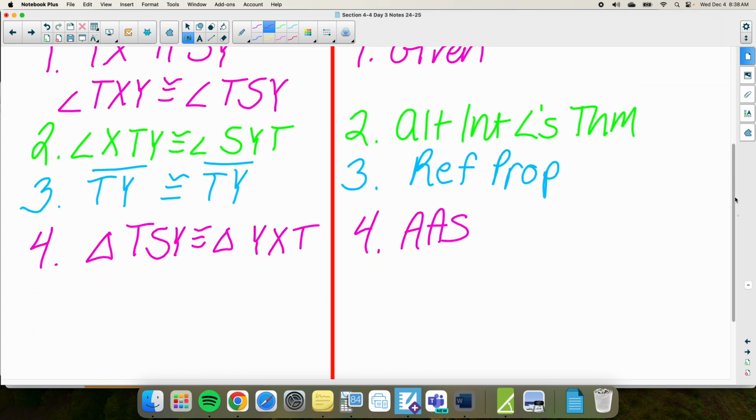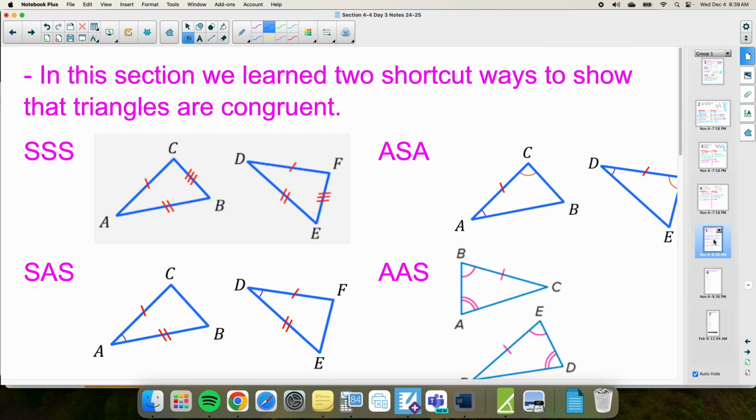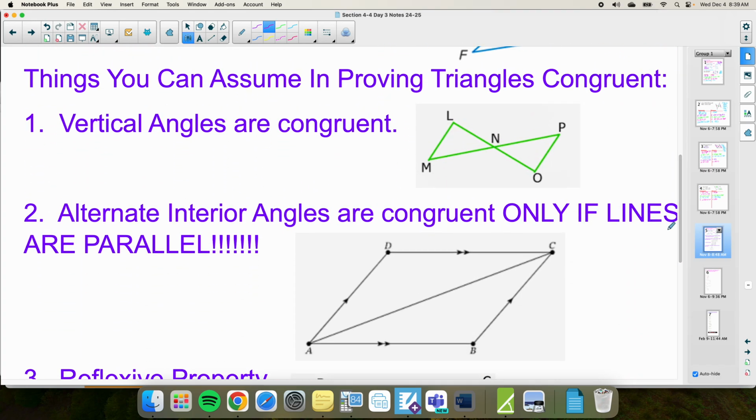Okay. All right, the last thing that we're going to talk about today is how you are going to just get a diagram, and you have to say either that they're congruent by side, side, side, side, angle, side, angle, side, angle, angle, side, or NP for not possible.